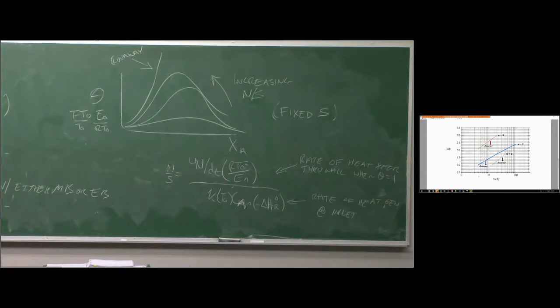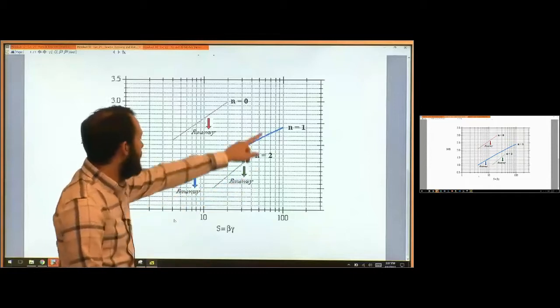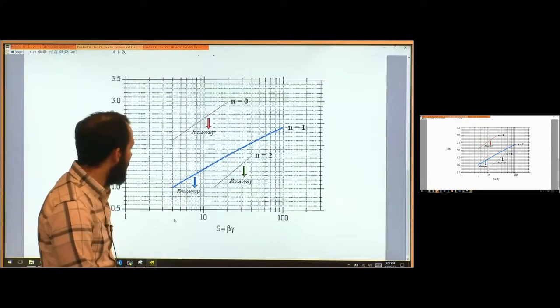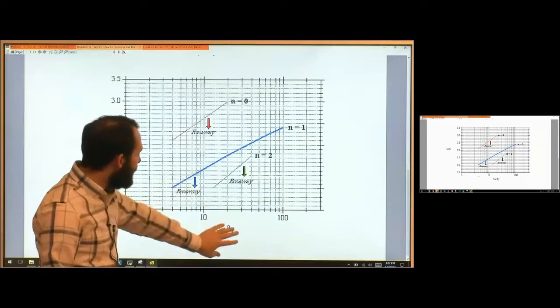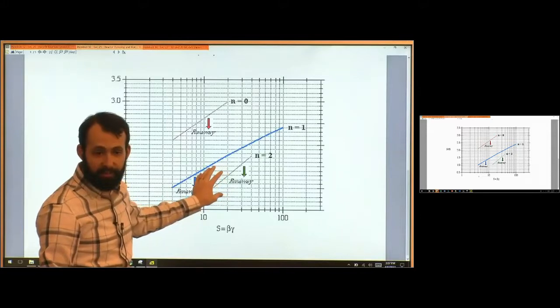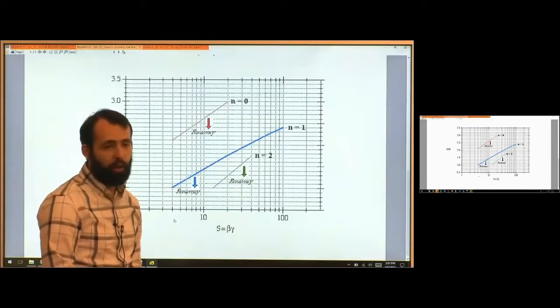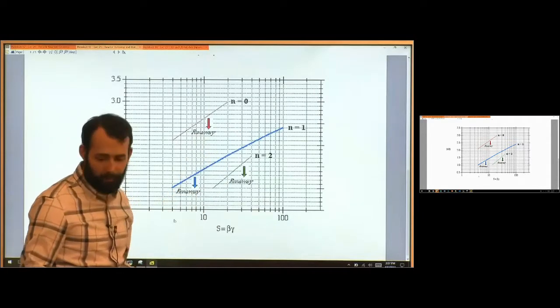So if we're looking at this plot, the different lines here represent different reaction orders. Let's take the blue line first, which is a first order reaction. I know it's hard to read. Any values of S or N over S which are less than that blue curve are runaway chemical reactions. Anything above that is stable.